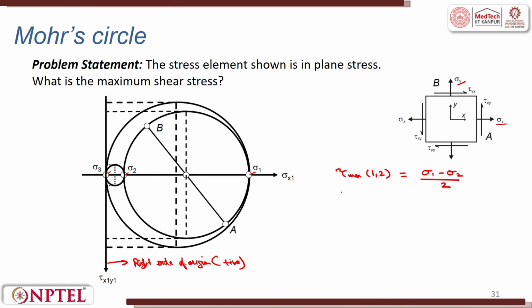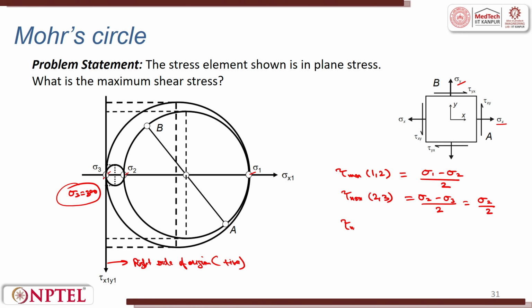Now, tau max for 2 and 3. This is sigma 2, the larger stress, minus the smaller stress, sigma 3, by 2. What is the value of sigma 3 here? It is 0. Sigma 3 is equal to 0. So, tau max for 2 and 3 is only sigma 2 by 2.